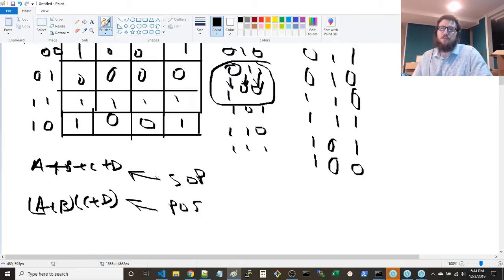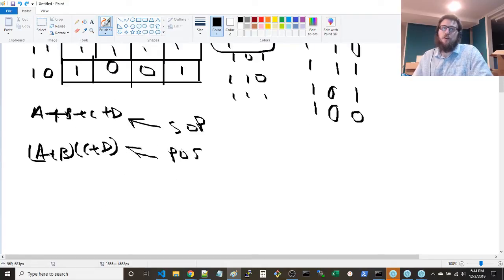So the sum of products refers to taking an OR over a whole bunch of ANDed things, right? Products multiplied together. And then the product of sums is you take a whole bunch of sums and then you multiply them across.